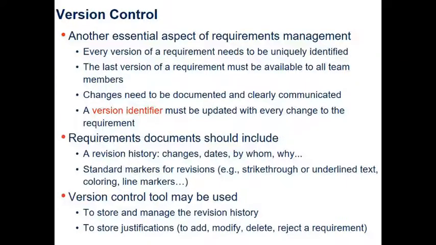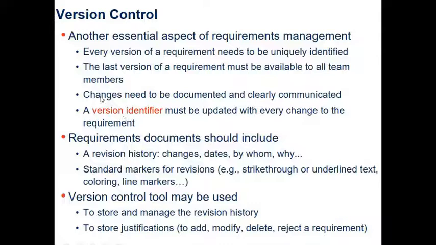When that requirement is changed in any way, that has to be uniquely identified as well. The last version of a requirement must be available to all team members. Changes need to be documented and clearly communicated. A version identifier must be updated with every change to the requirement.